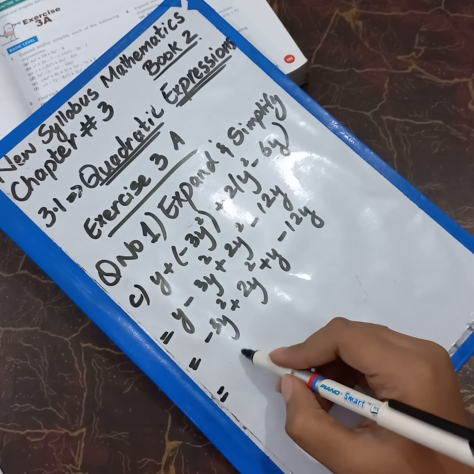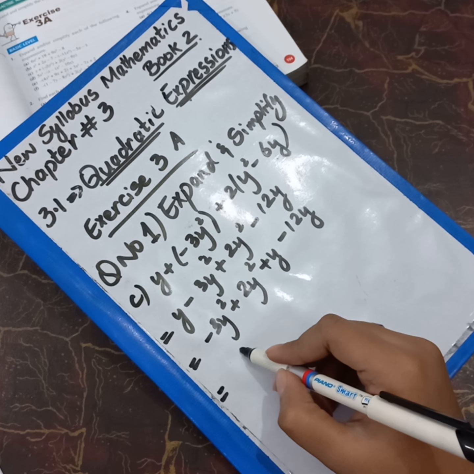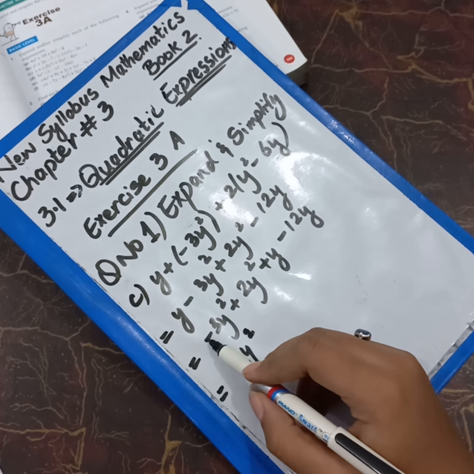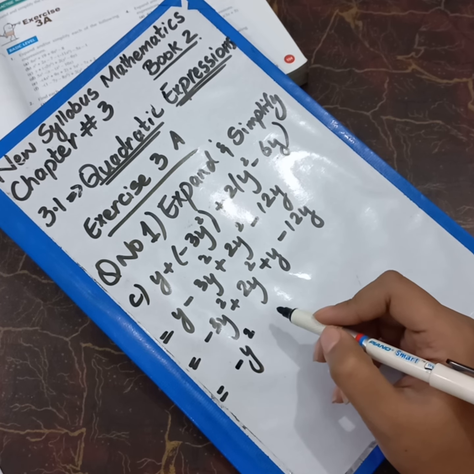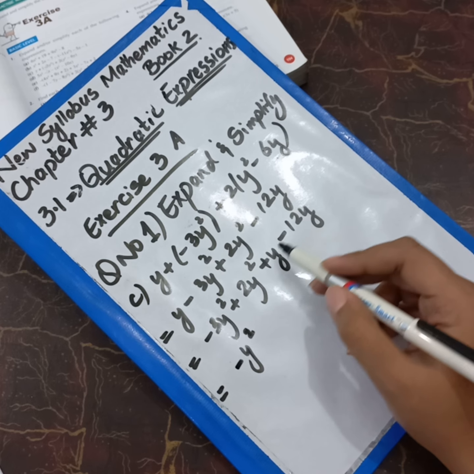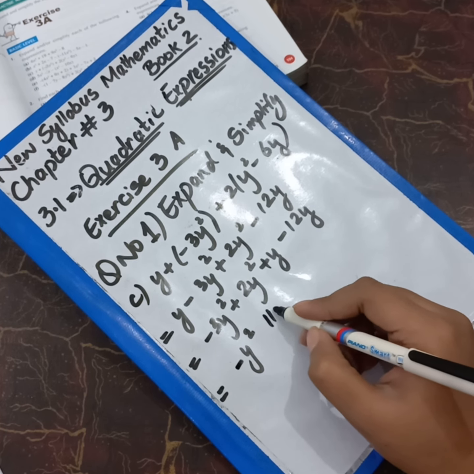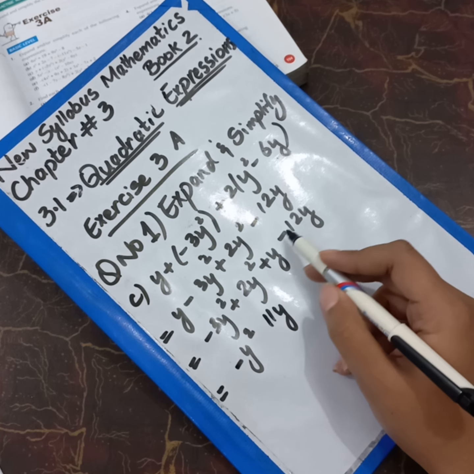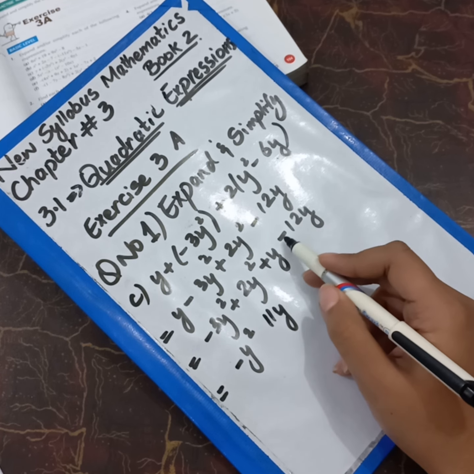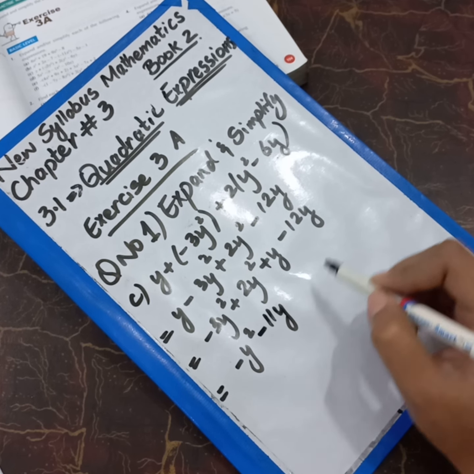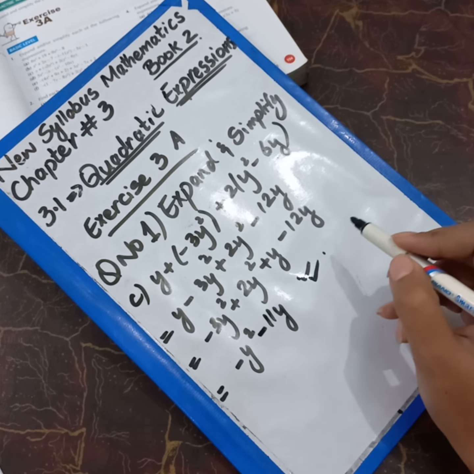So 3 minus 2 of course is 1, y square, and the sign of greater value will be with the answer. Here again plus minus minus 12 minus 1, of course it's 11, and the sign of greater value: between y and 12, the greater value is 12, so its sign will be used with the answer. So minus y square minus 11y is the right answer of C part.